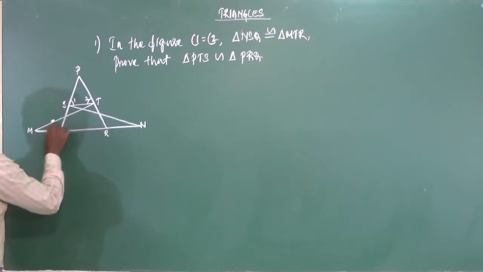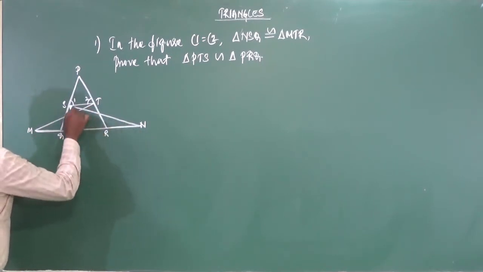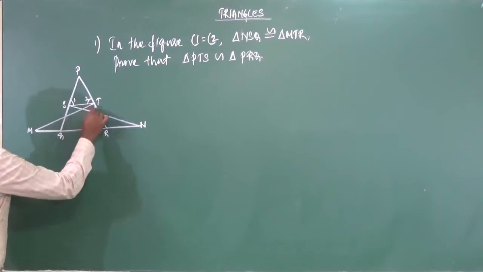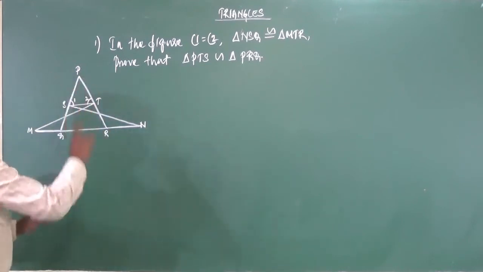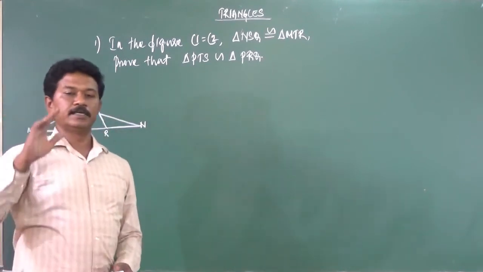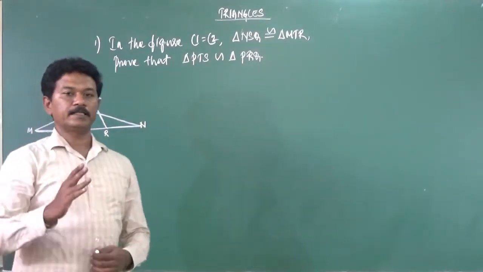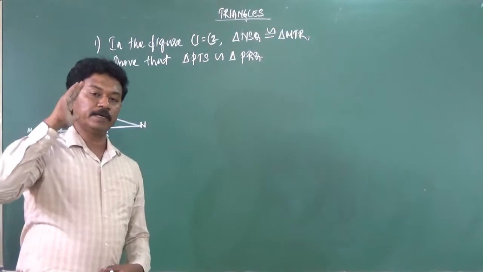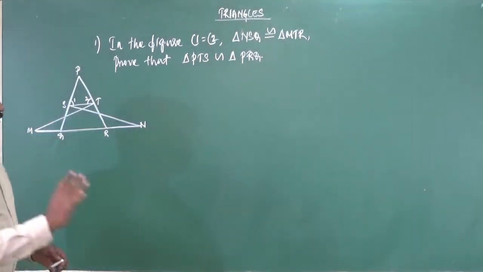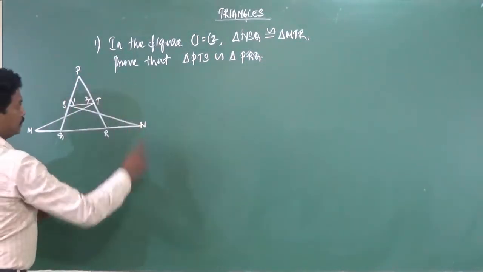Congruent in the sense their corresponding sides will be in the ratio 1:1 and their corresponding angles will be equal. So therefore they are called congruent.